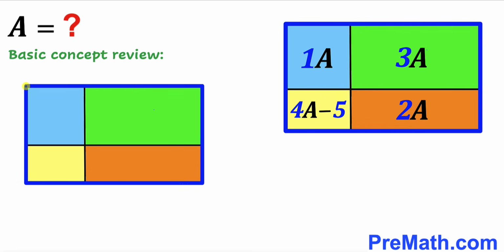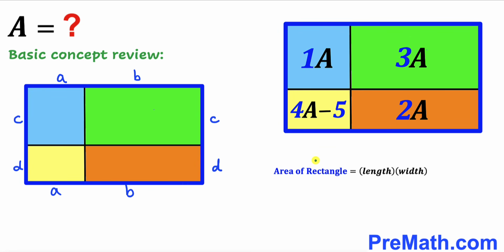If I label this side length of the blue shaded rectangle as lowercase a, and the side length of this rectangle as lowercase b, then this side is going to be lowercase a and this side lowercase b. Likewise, I'm going to label this side length as lowercase c, and this side lowercase d. Then this side length is going to be lowercase c, and this side length is going to be lowercase d.